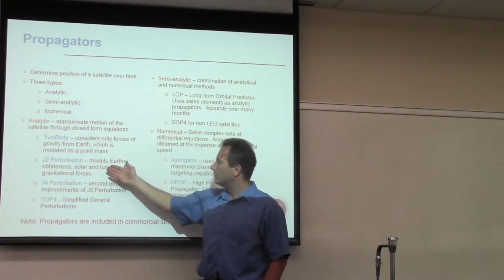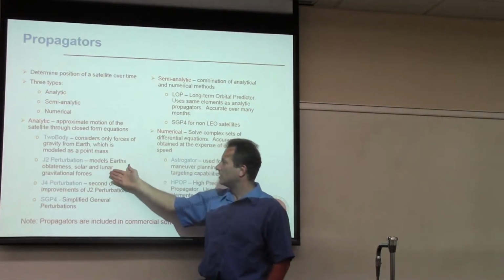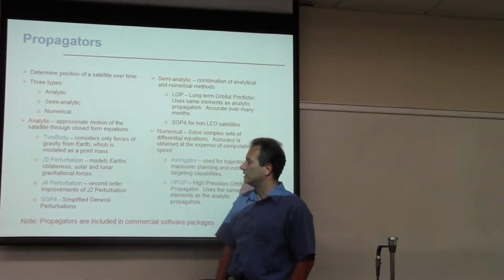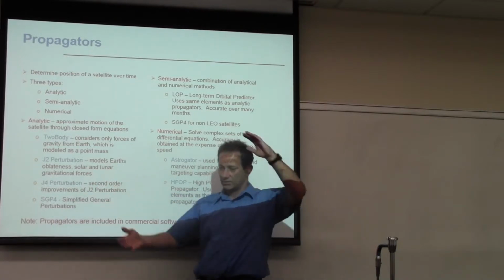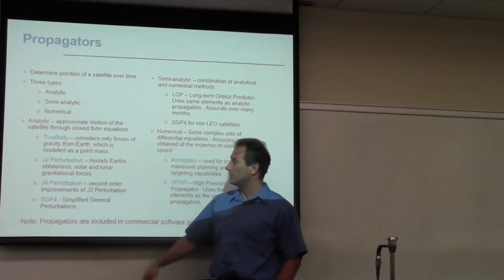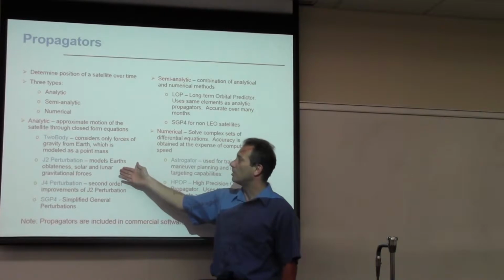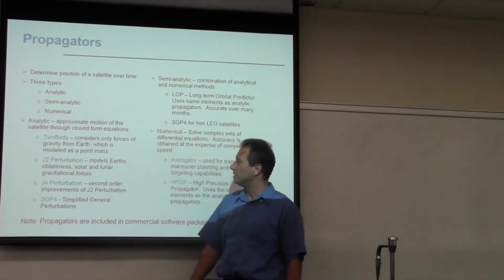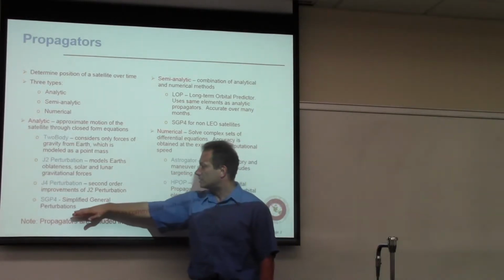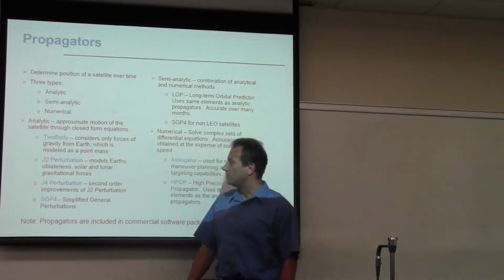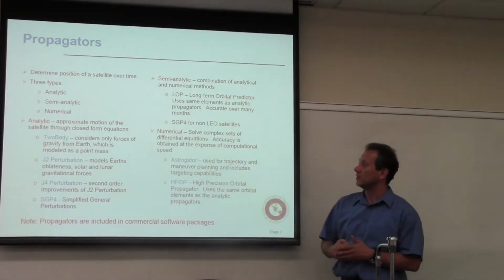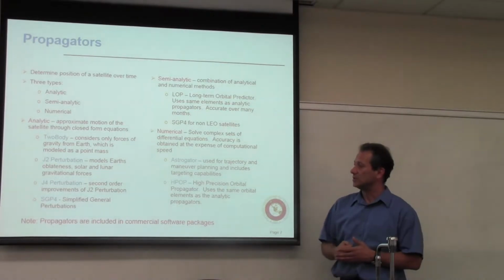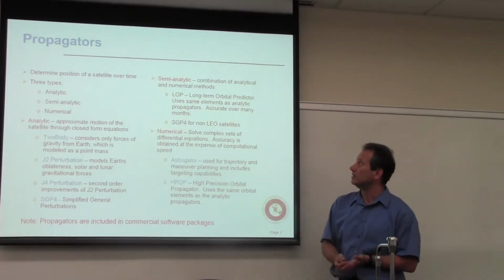J2 and J4 take into account some additional elements: J2 models the Earth's oblateness, plus solar and lunar gravitational forces, so it is a little bit more complex, but still makes an attempt to model everything analytically. One of the most popular is SGP4. This is the one used in the Satellite Toolkit, one of the software packages widely used in the satellite industry.